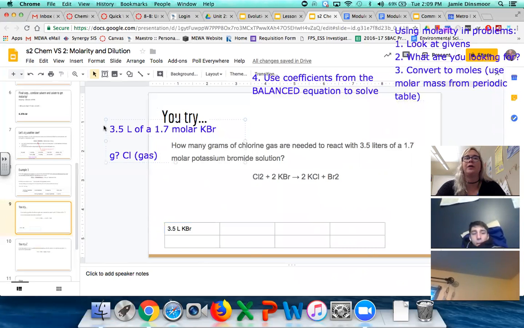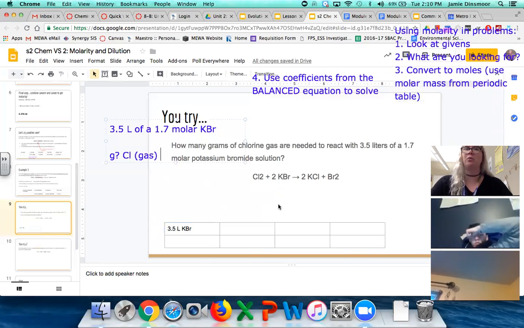That doesn't necessarily seem like something I need to write down, but think about it: chlorine could be dissolved in a solution, because chlorine can be ions. In its gas form, it's not an ion, it's bonded to itself. So basically, we're being told how much potassium bromide we have, and we need to figure out how much chlorine gas you need to react with the full amount, which is 3.5 liters.